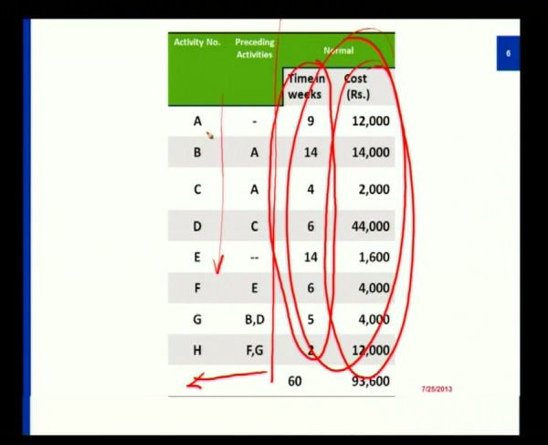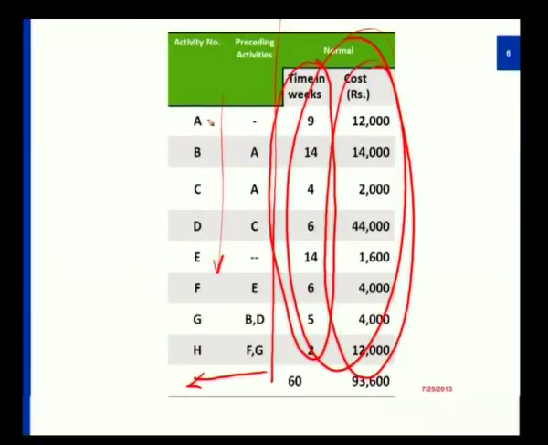Again, out of experience, the project manager will try to understand approximately how much time every module would assume. So out of this experience I have gained that A requires 9 weeks to complete, B takes 14 weeks, and C takes 4 weeks.